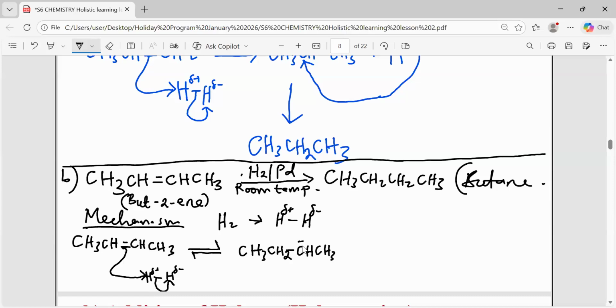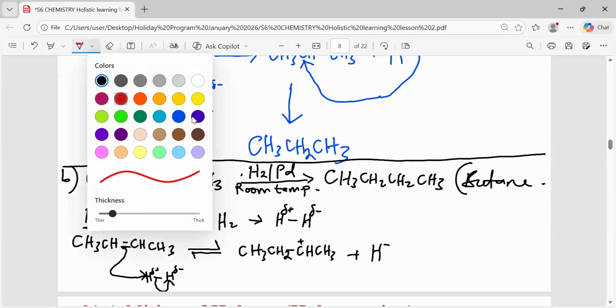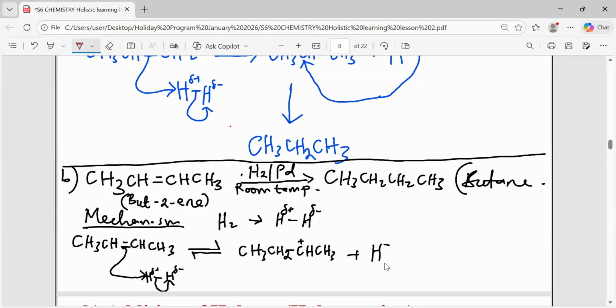So there's a positive charge here. And then our negative hydrogen is the nucleophile. Then that nucleophile is going to come and bond to the carbocation.